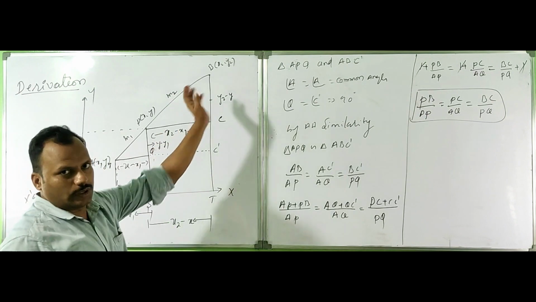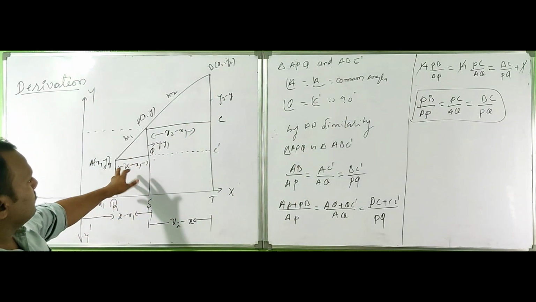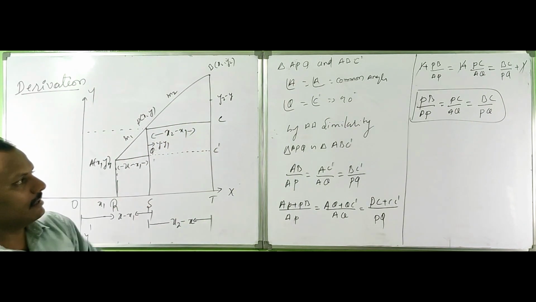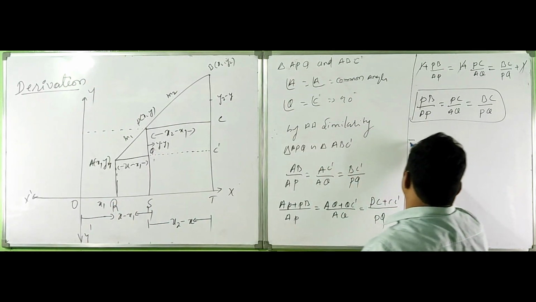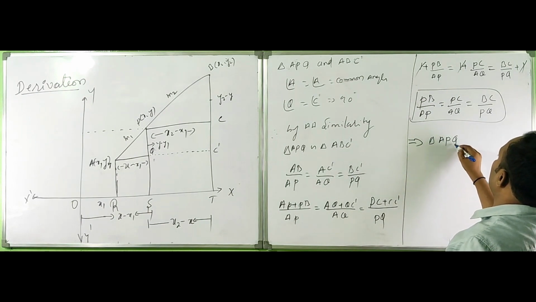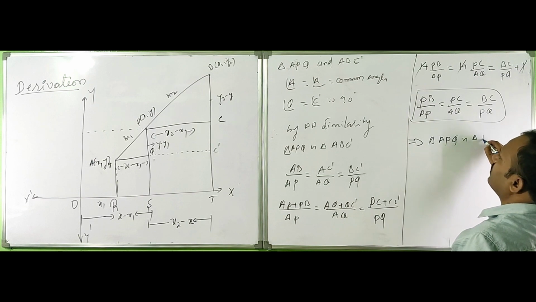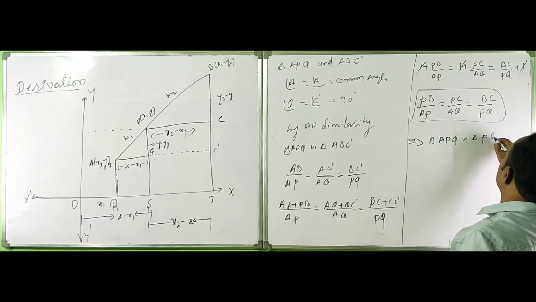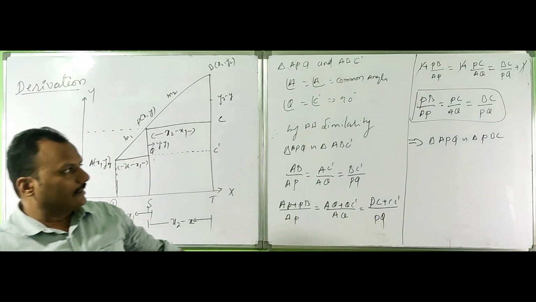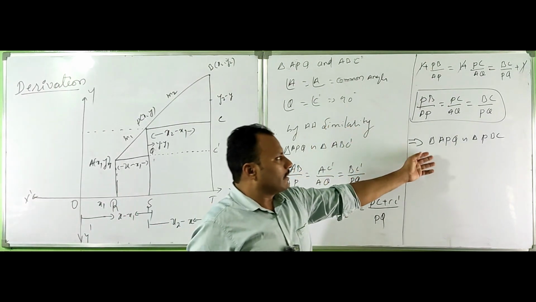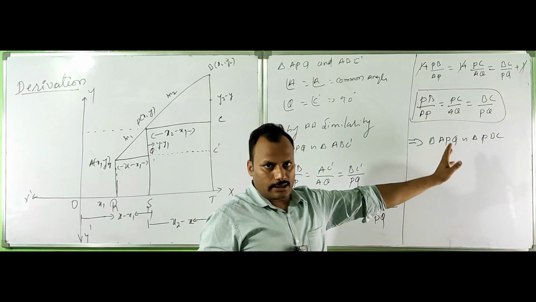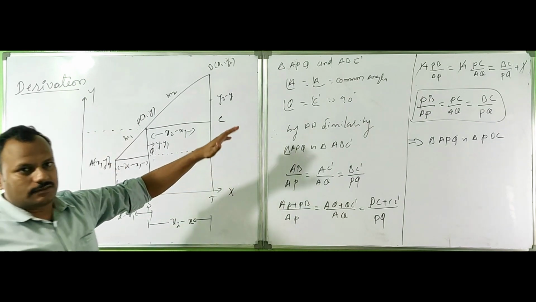So in the exam you can write: in triangles APQ and PBC, this implies triangle APQ is similar to triangle PBC. They are interchangeable. See, here PB is there, now you can write PBC similar to APQ also.